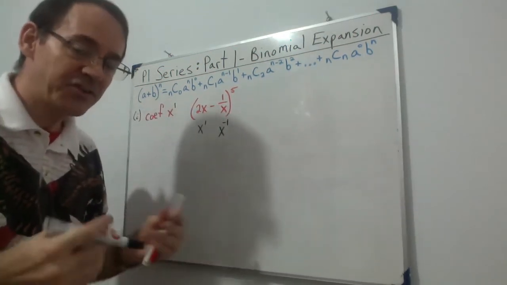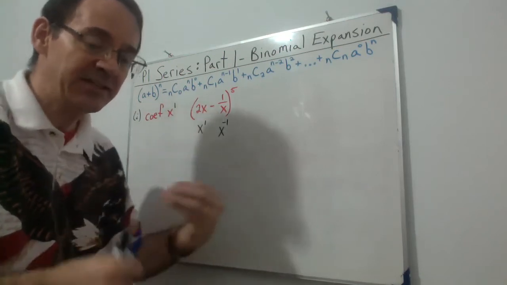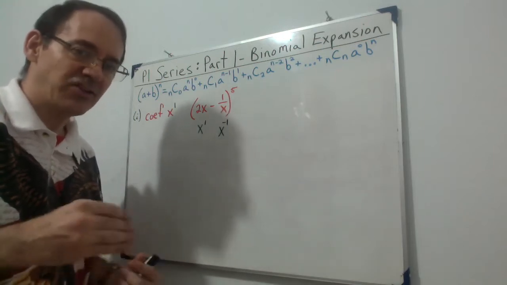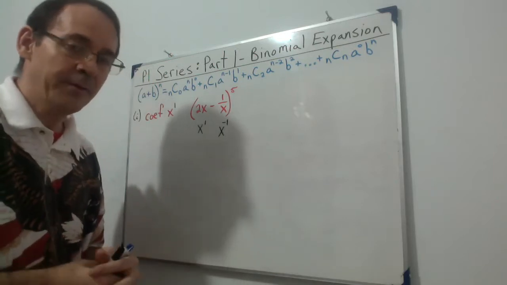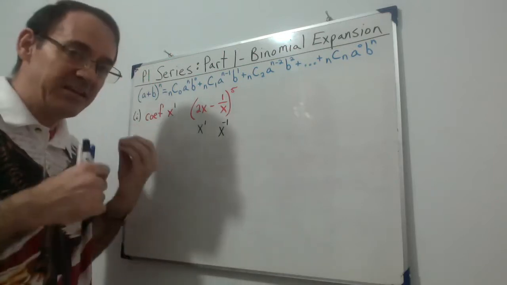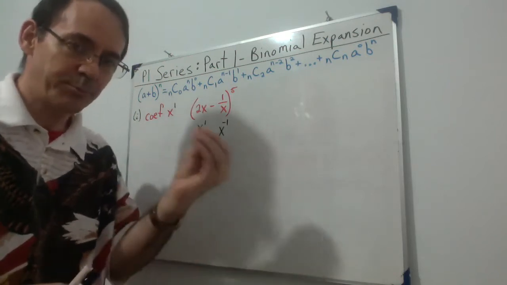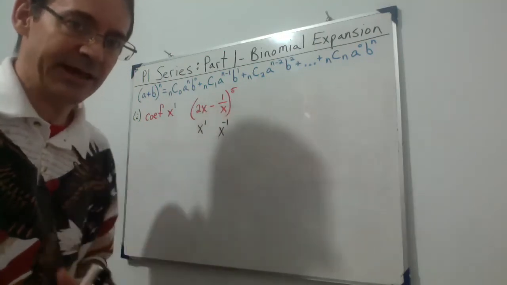If it happens to say the coefficient independent of x, then that means you're looking for x to the 0 power, because obviously x to the 0 cancels out. And so if it's independent of x, it means it doesn't have an x. That's important. Sometimes students don't understand, what does it mean, independent of x?